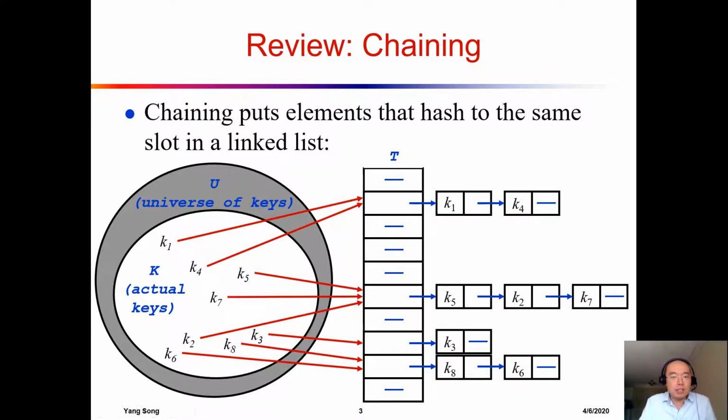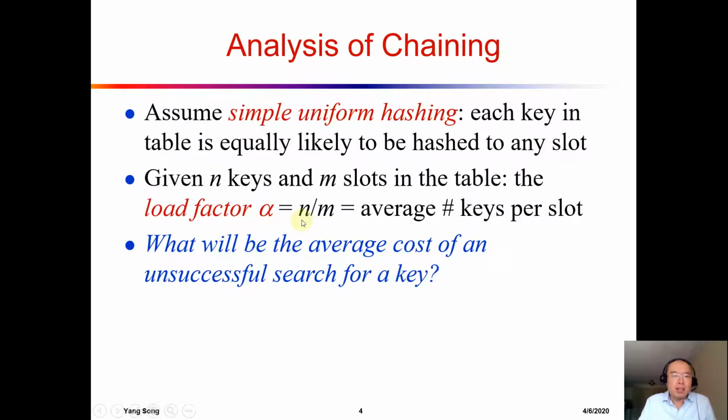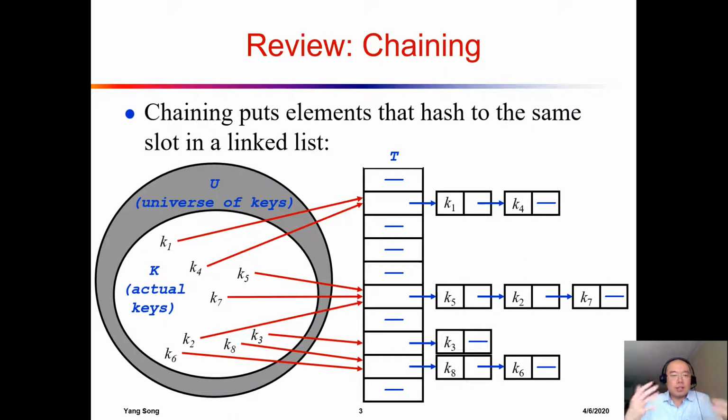So in this case, we will have an n value even greater than m, which means the load factor in this case can be greater than 1, no problem. And what is the average cost of a successful search with a key? If we are considering this case, we are looking for K20, for example.